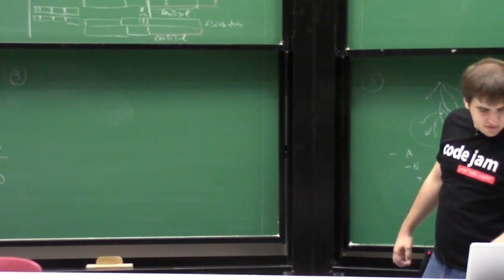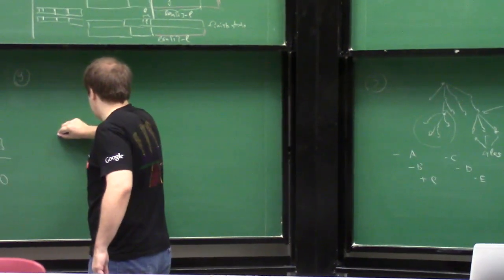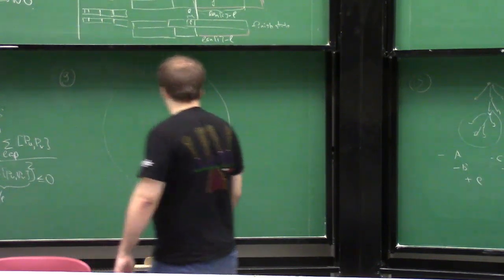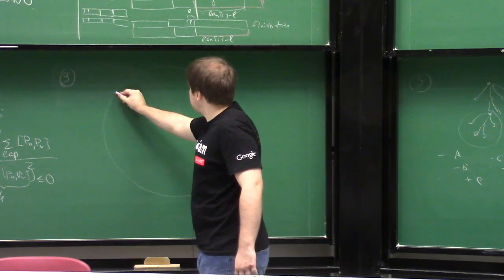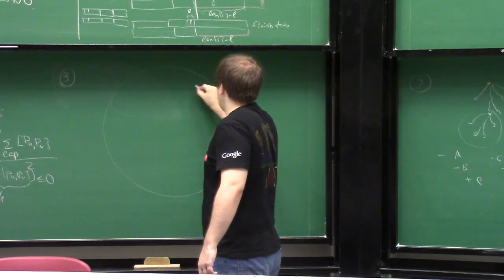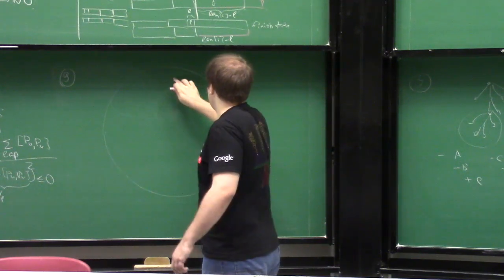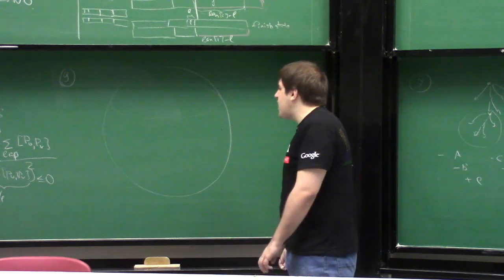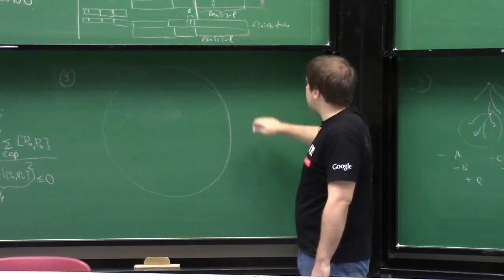You had a big round spot on the planet. You had a picture like this. And you had to find out the area that is visible to the spaceship that is far, far away, looking in some direction.